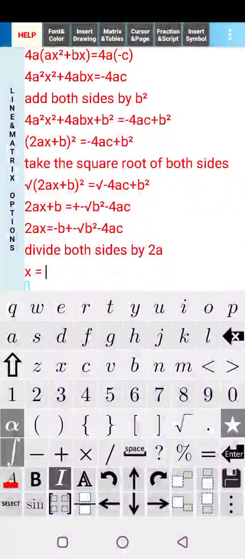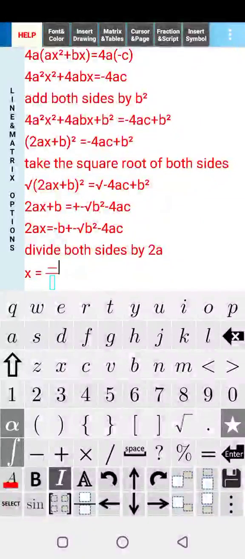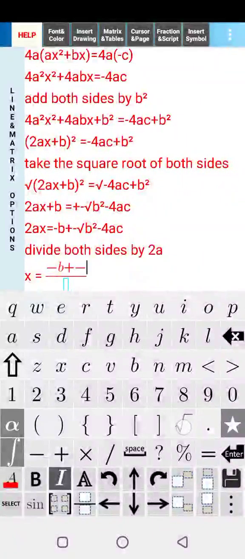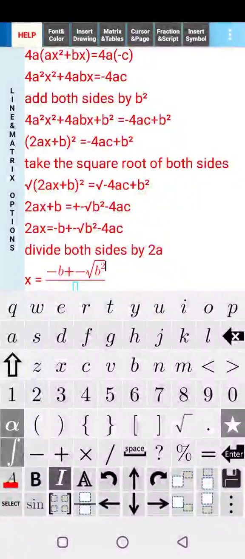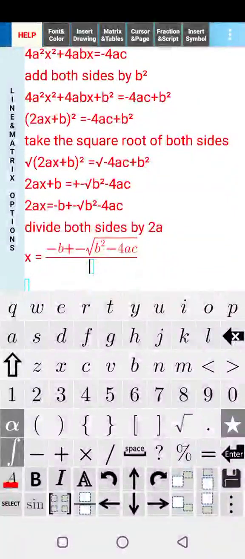It will be minus b plus or minus root of b square minus 4ac, all over 2a.